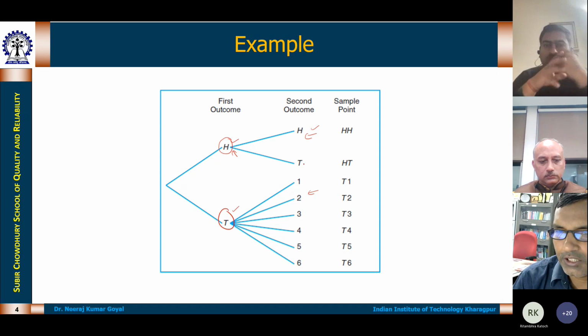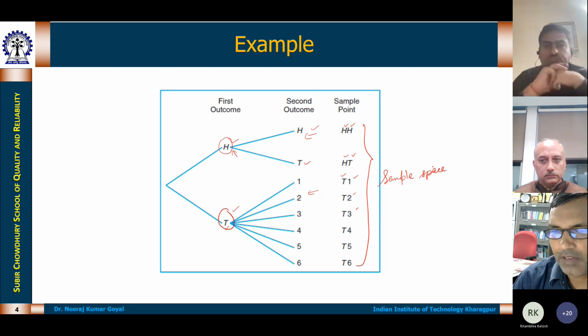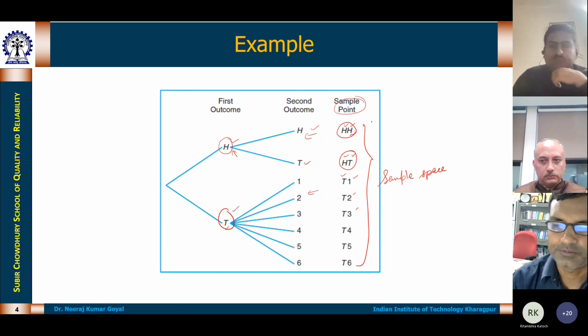First trial head, second trial tail, right? So this is one possibility. Similarly, in the first trial we get tail, second we get 1, 2, 3, 4, 5, 6. So this becomes our whole sample space. Sample space means all possible outcomes, and every outcome here is called a sample point. I hope the sample space and sample point concept is understood.